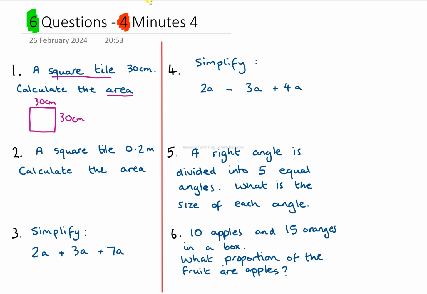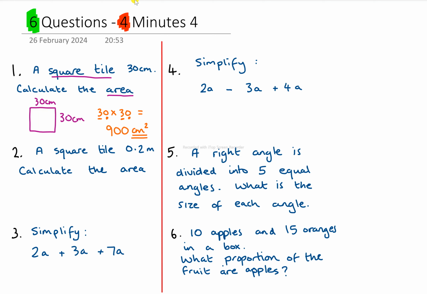I know the area is 30 times 30. Now what you can do, you can do 3 times 3, which is 9, and then add these two zeros. So it'll be 900 square centimeters. Square centimeters, remember that, yeah?